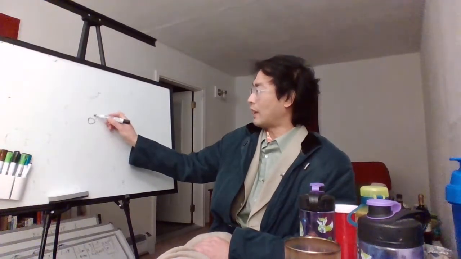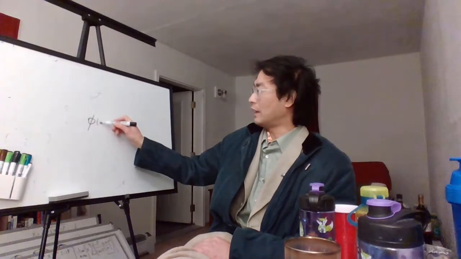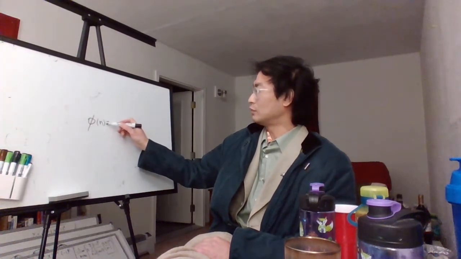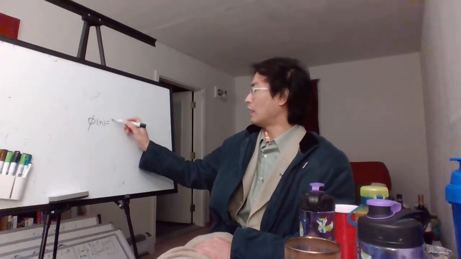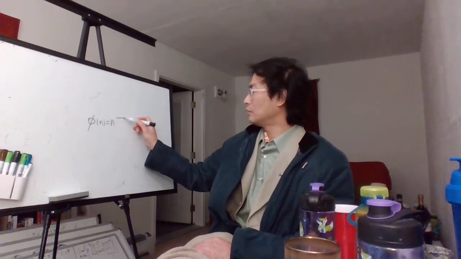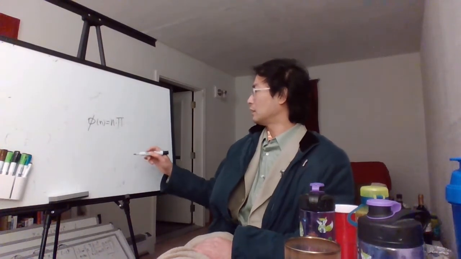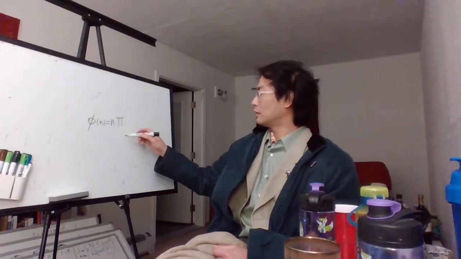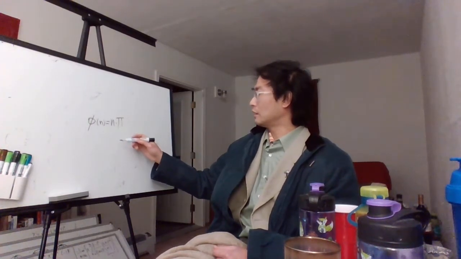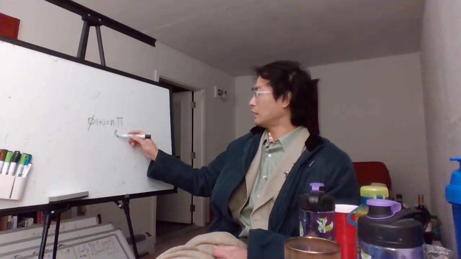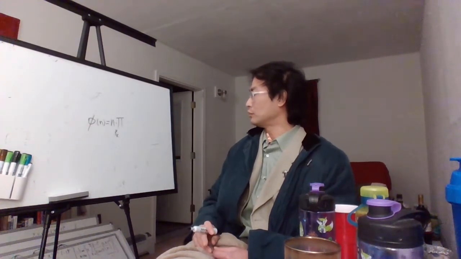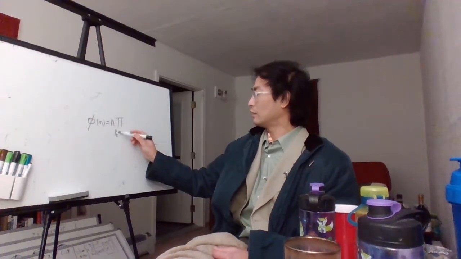So phi of n is equal to n times pi, say pk belong to the prime factor set of n.